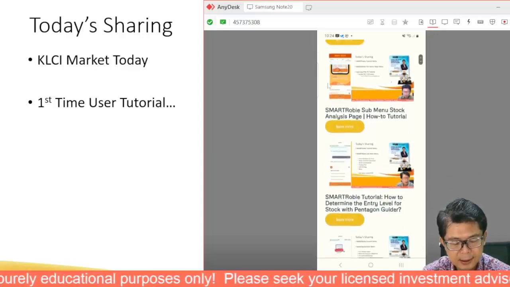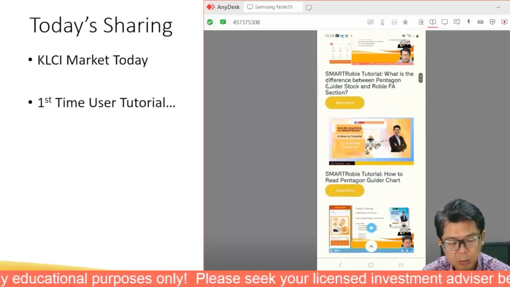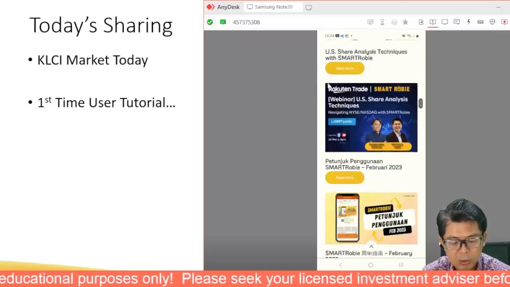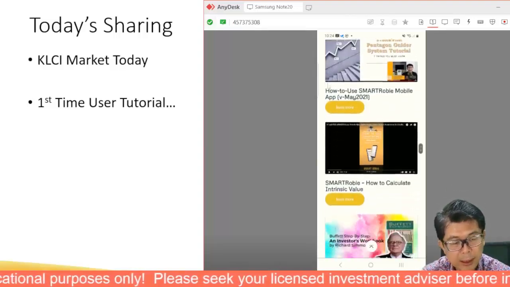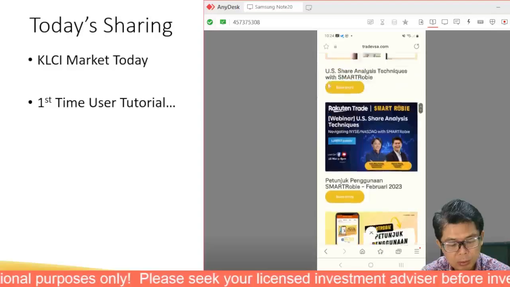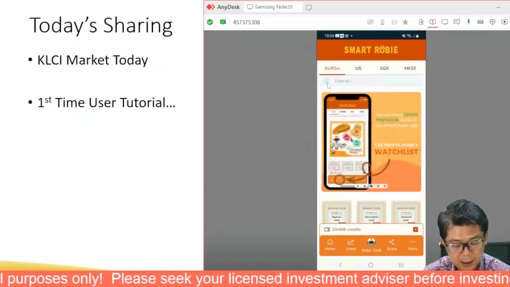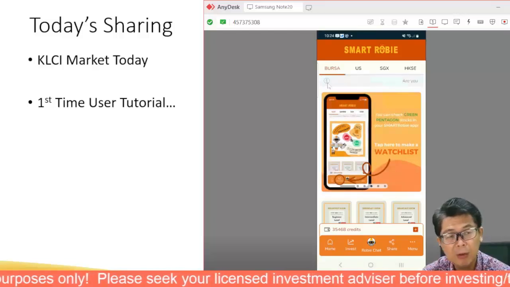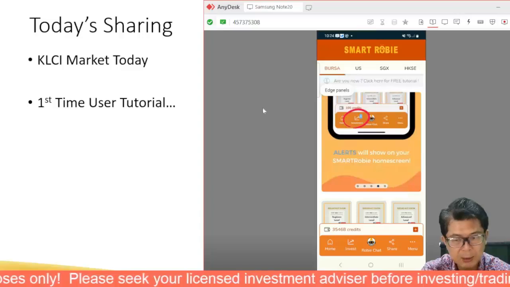Some hot sectors, how-to tutorial, right? The difference between Pentagon Guide and Robie FA section. So the whole list goes on, and I do believe some of these are older ones. As you scroll below, these are the older ones, but they will be very beneficial to you being a beginner or starting off, especially onboarding on SmartRobie.